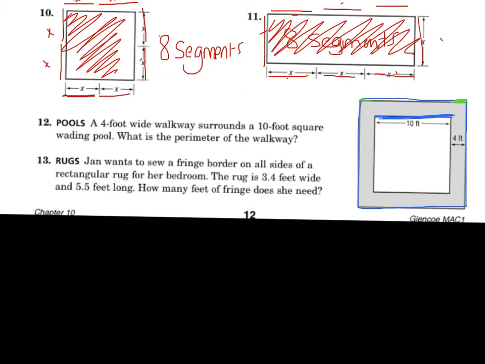And this much over here is also 4. Okay, so there's 4, and then 10, because that's the same length as this, and then another 4. Okay, so what's 4 plus 10 plus 4? That is 18.